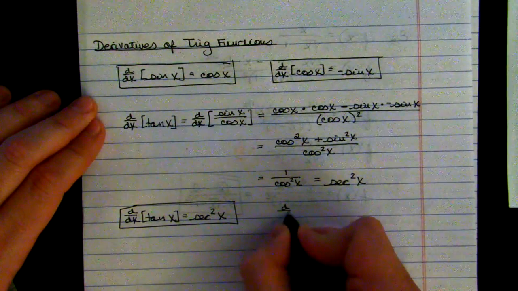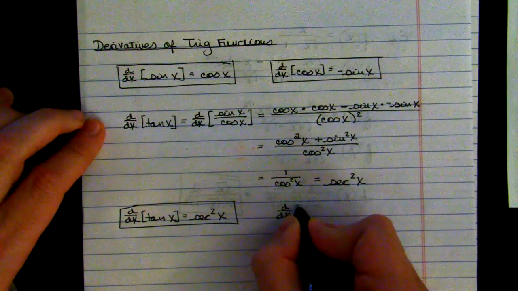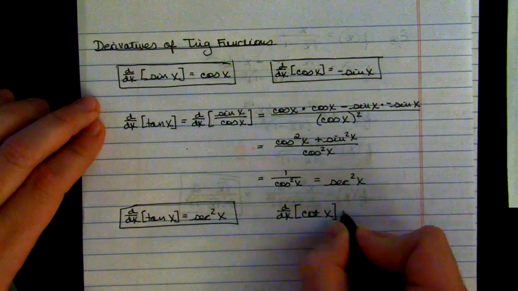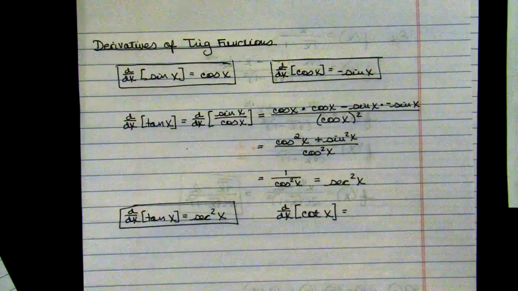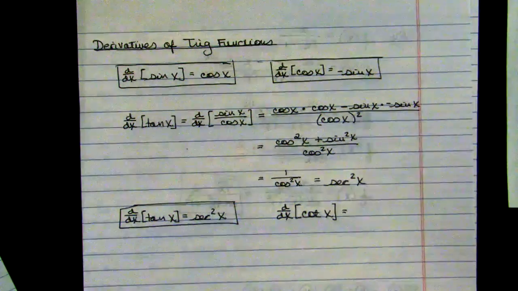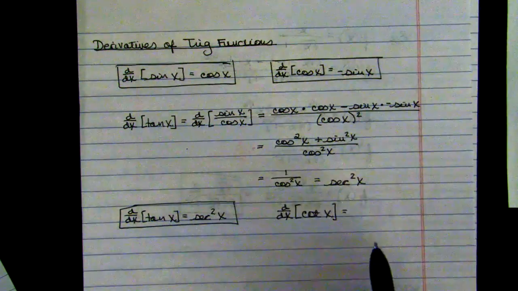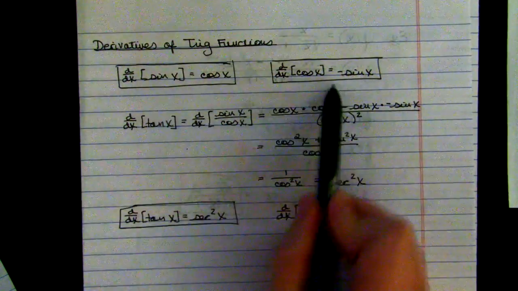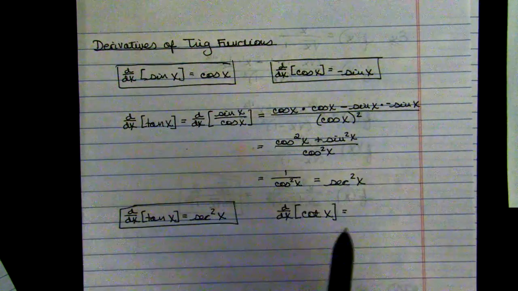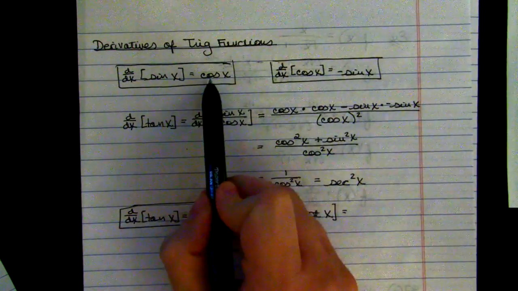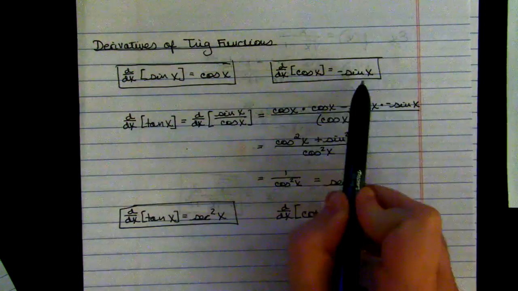I am not going to go through the proof of the derivative of the cotangent of x. However, it works in a similar way. You say it's the derivative of the cosine of x over the sine of x. If you feel like trying it, go write that out. I'm just going to give this to you. One thing I really like about the trig derivatives is they come in pairs. If you kind of know how sine works, you kind of know how cosine works. Same with tangent and cotangent. When sine and cosine came in pairs, one was positive, one was negative.